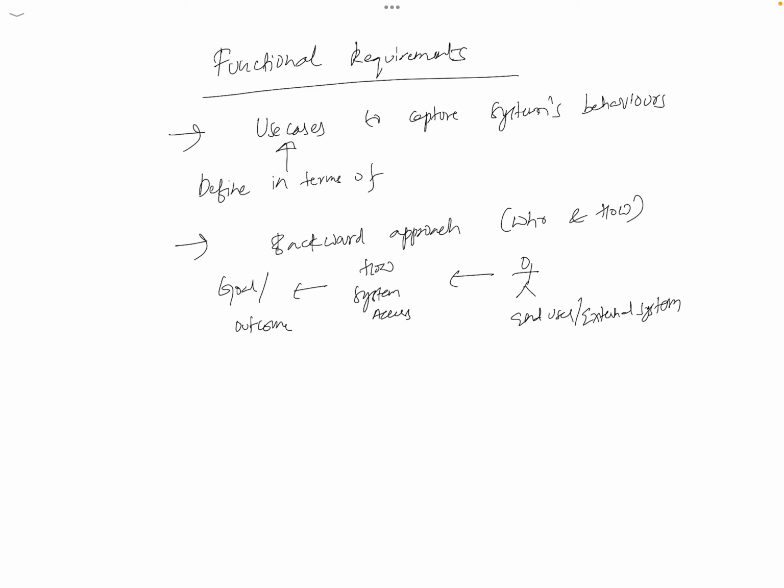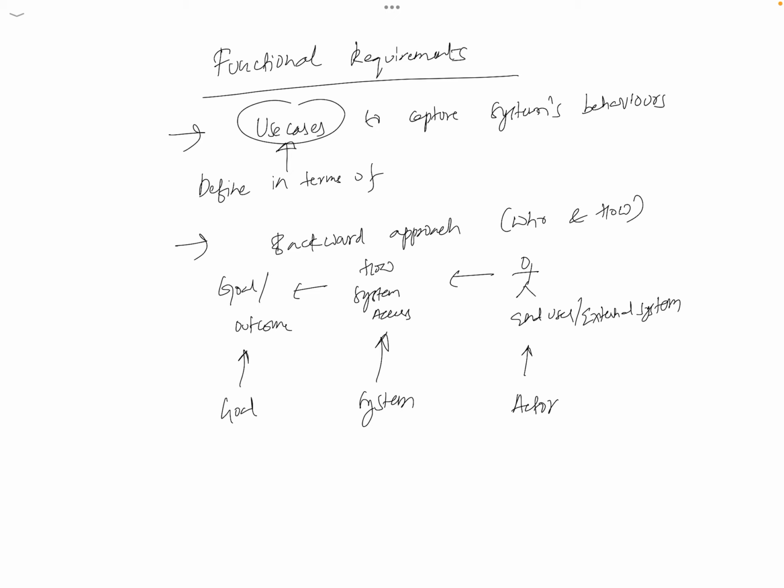And when we define use cases, these are easily captured in terms of the use case components. For example, the end user would be the actor for that particular use case, and we obviously have our system in between the end user and our outcome, and we have the goal or outcome of that particular use case.